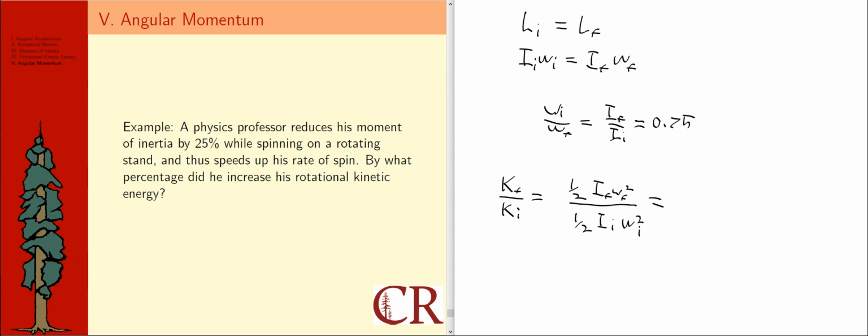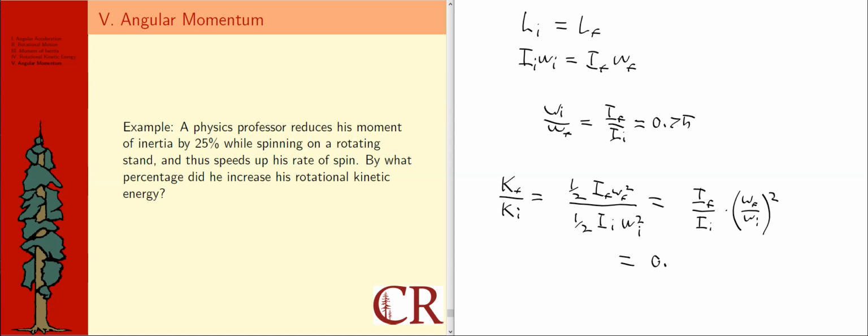I can cancel off those 1/2s and get a few simple ratios, like I final over I initial multiplied by omega final over omega initial, but that whole thing is going to have to be squared since these two both had squareds, but I'm going to just look at that as the whole ratio squared. I have I final over I initial, right?